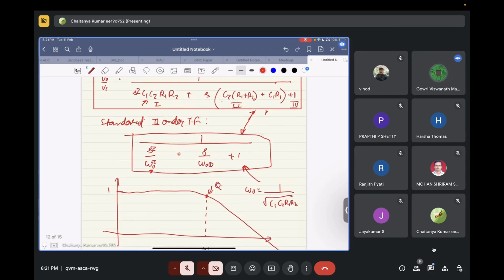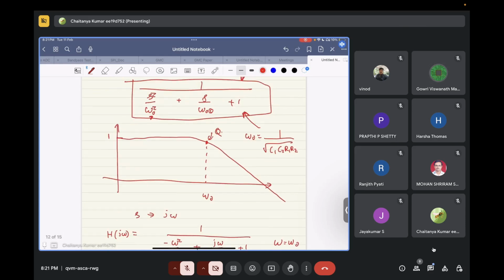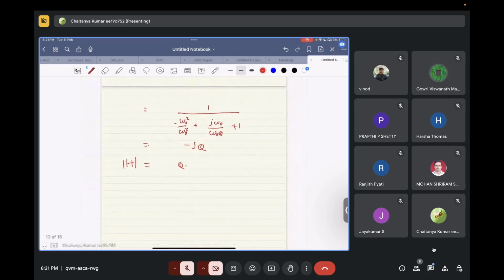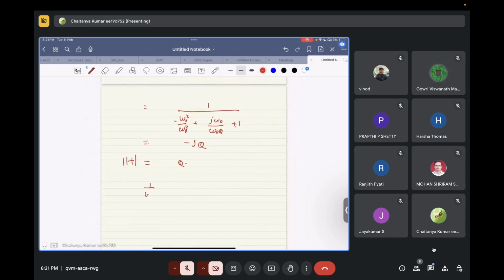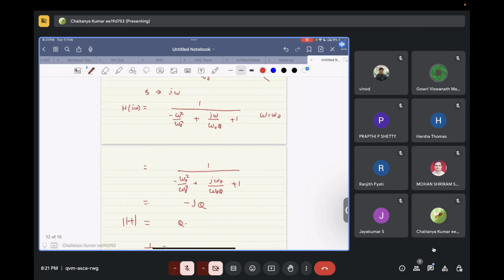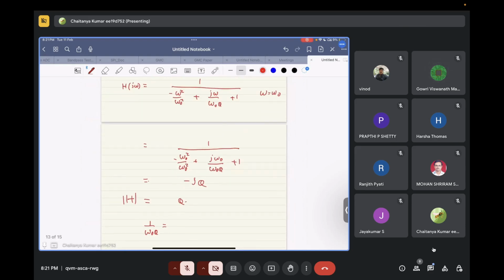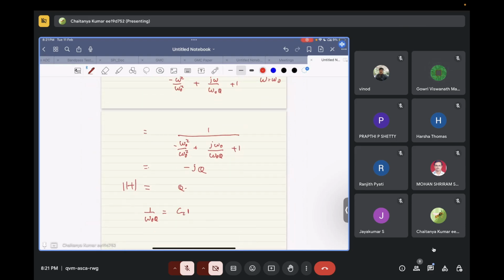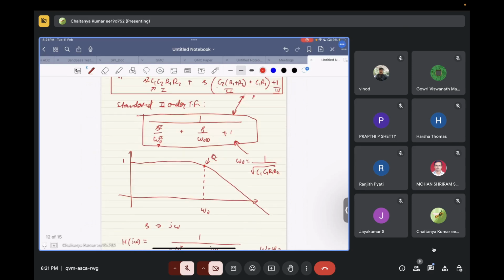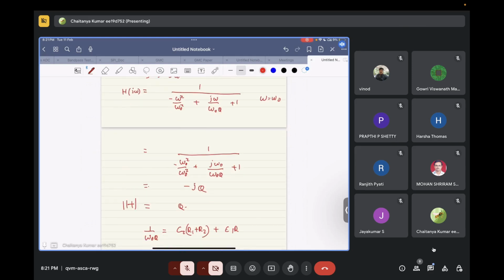So what is the second term? The second term basically, I will write it over here. 1 by omega naught Q is equal to C2 (R1 plus R2) plus C1 R1.